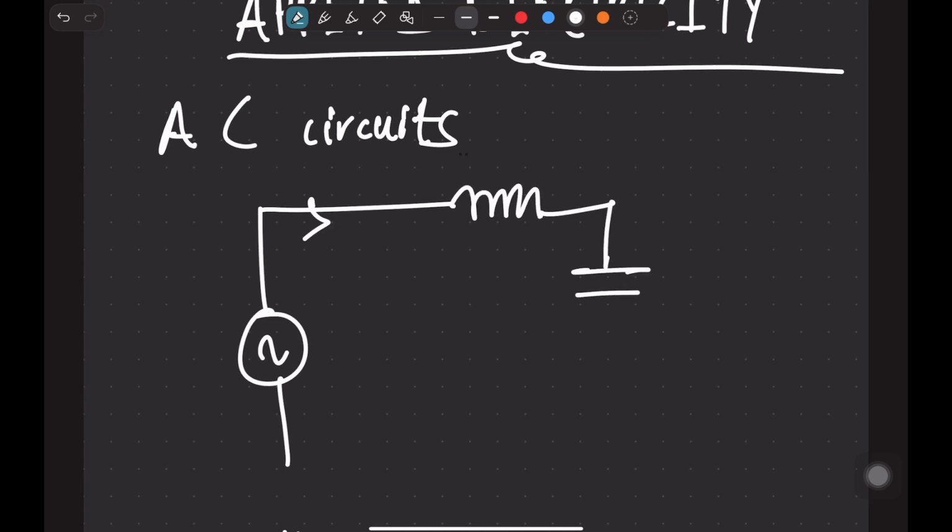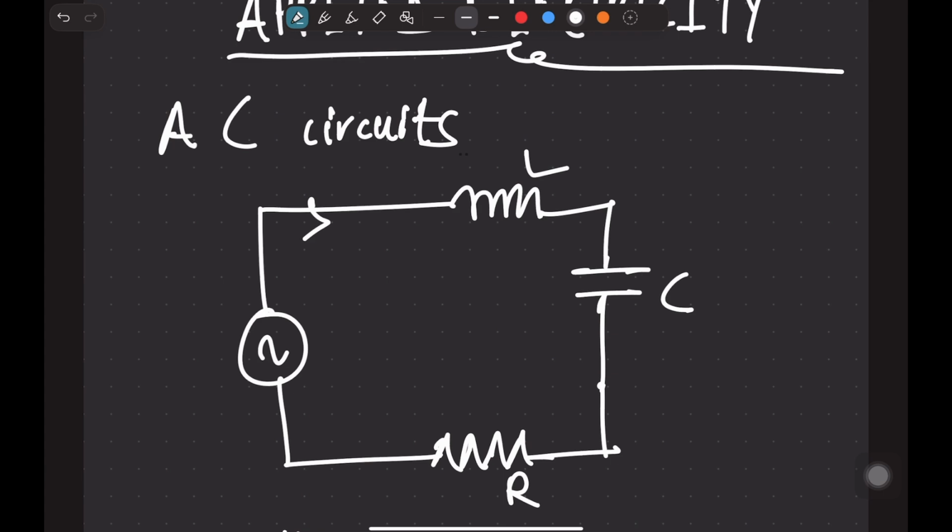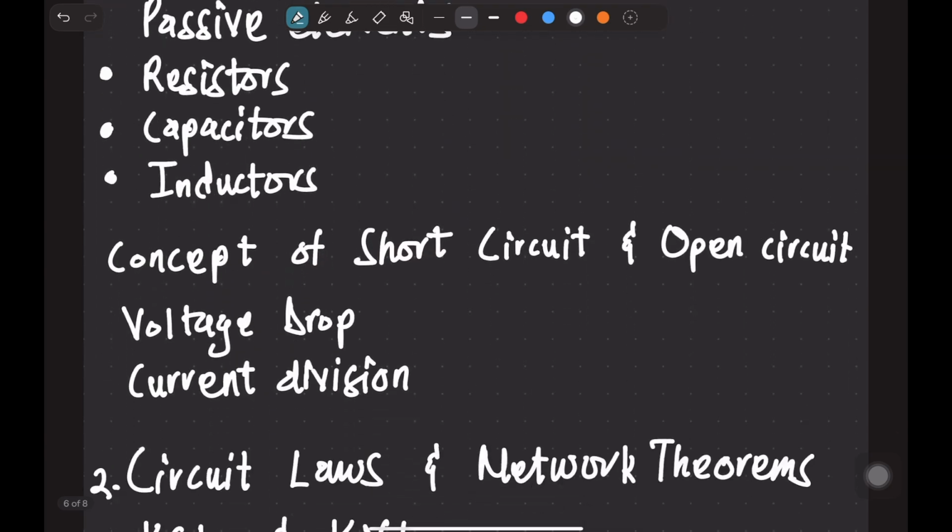So here, the simple example of an AC circuit. Then how current moves in an AC circuit and how to find the power in AC circuits as well.